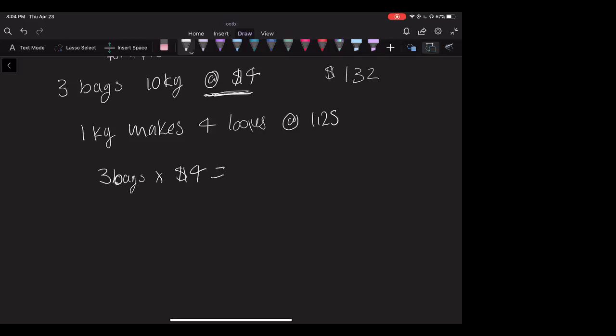What's 3 times 4? 12. So that's $12 he spent.